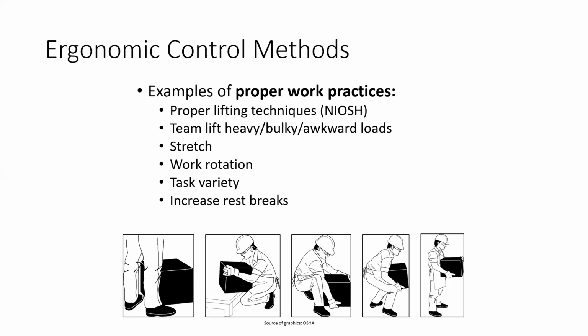So the proper work practice, which level is it in the hierarchy? It is the administrative practice. It is number 4. You can establish efficient processes or procedures for ergonomic control.